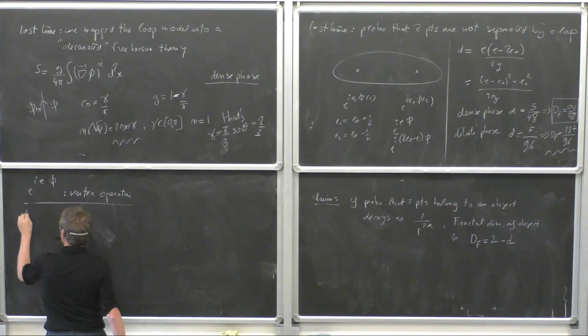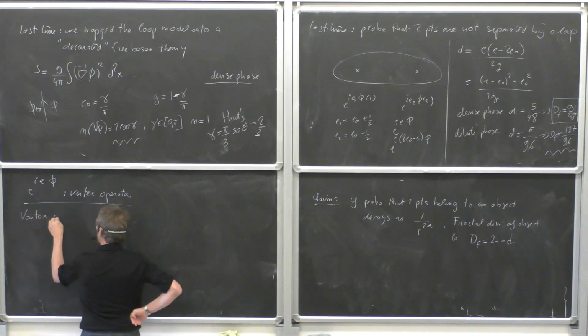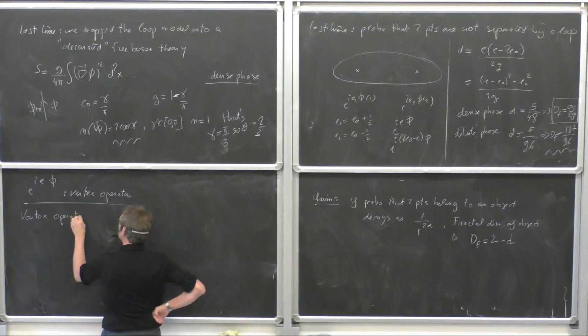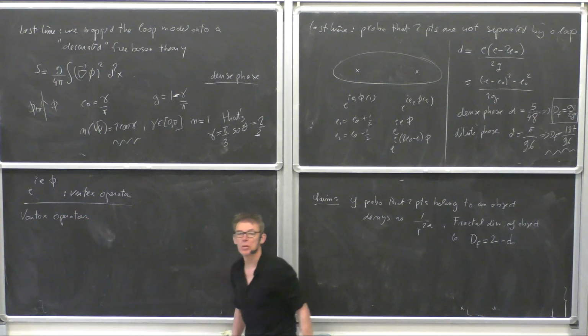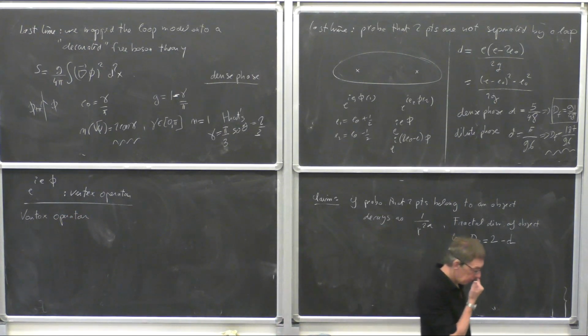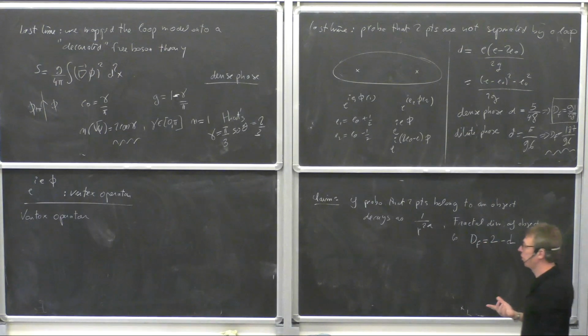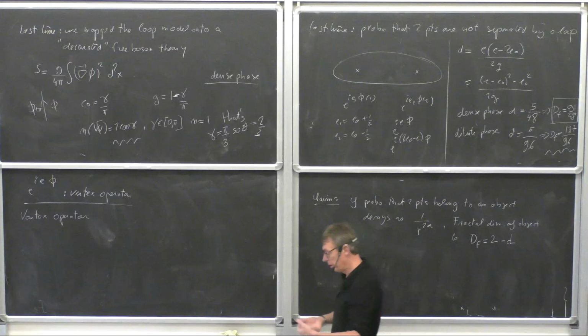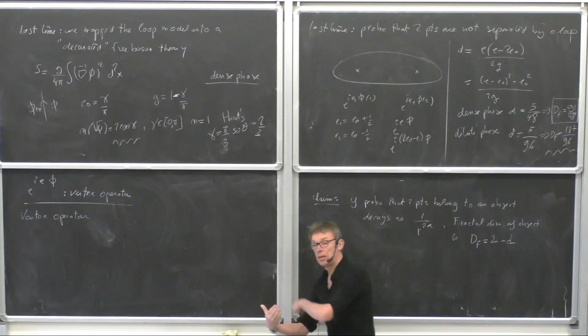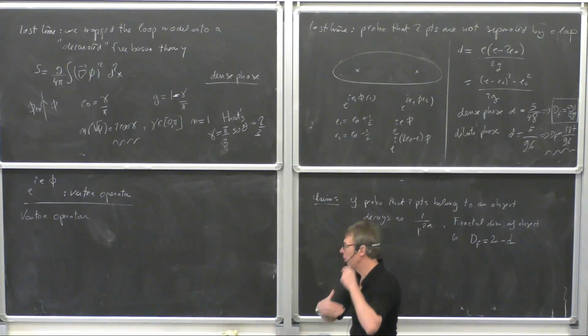And now we're going to introduce something we're going to call a vortex operator. So what is a vortex operator? In the language of the XY model, it's very simple. It is an operator, meaning a field that has a vortex of arrows going around it.